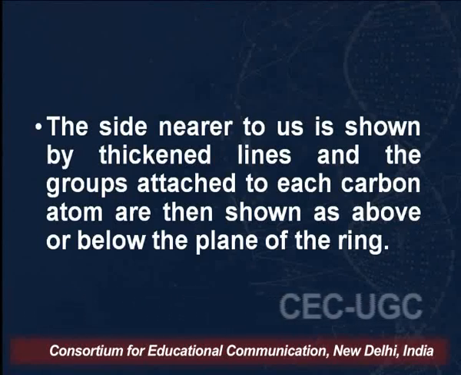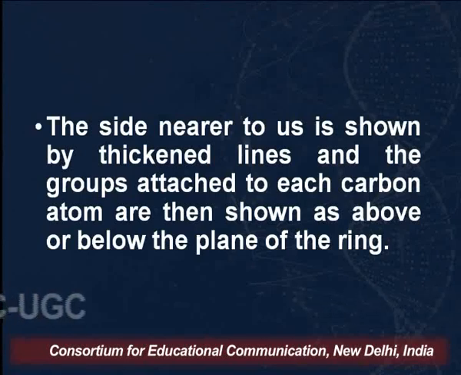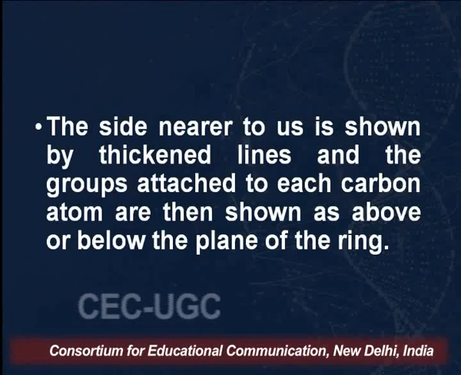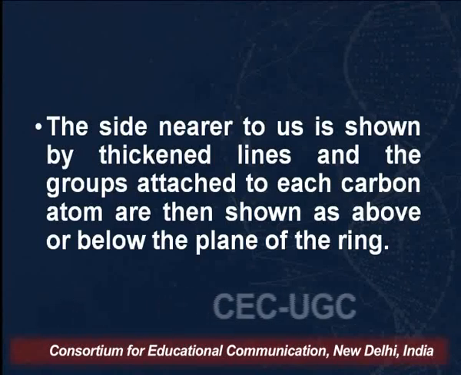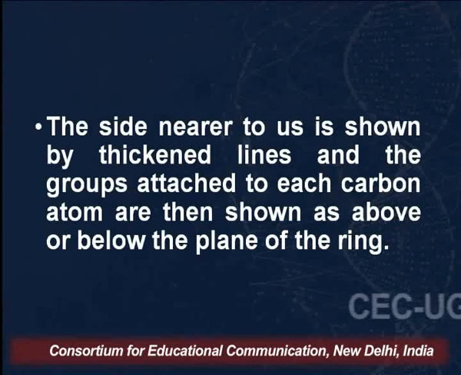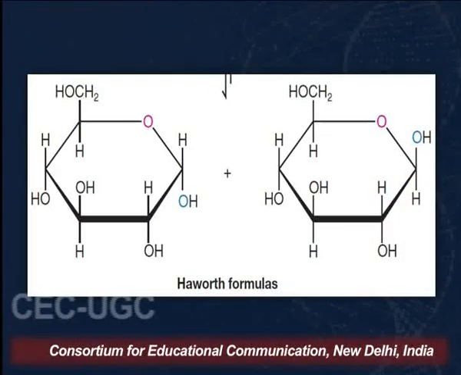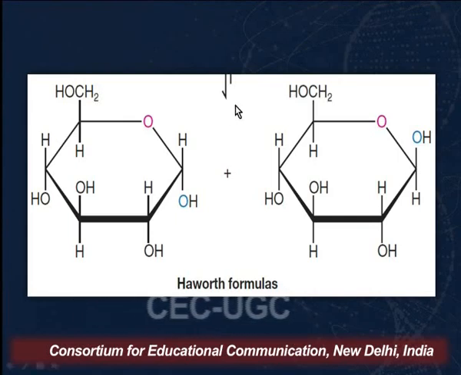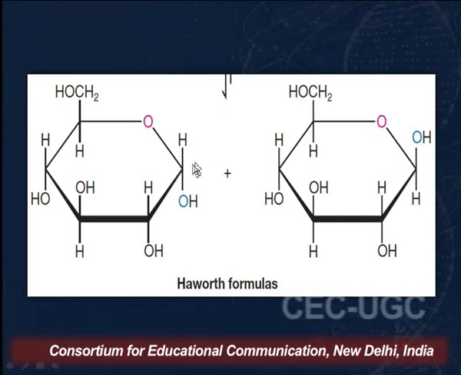The next thing that we see is that the sides which are nearer to us are shown by thick lines, and the groups attached to each carbon atom are then shown as being above or below the plane of the ring. So, let us look into these two examples. This is your alpha anomer and this is the beta anomer.